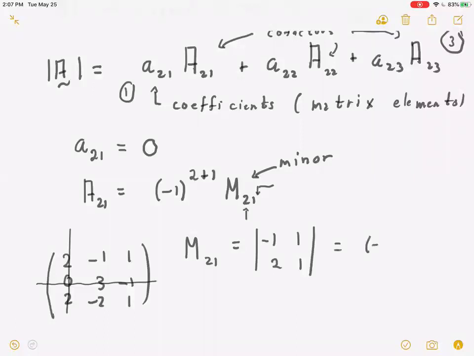That's just minus 1 times 1 minus 1 times 2. And actually, this is a minus 2. So then this is a positive sign. So this cofactor, this minor is 1.